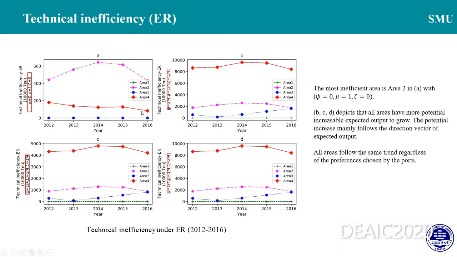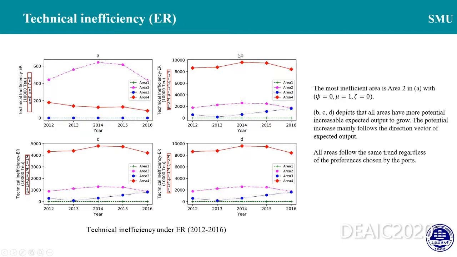Area 4 has a slow downward trend from the beginning to the end. It reflects that it becomes more and more efficient. Area 2, in the pink line, is the most inefficient area in picture A.